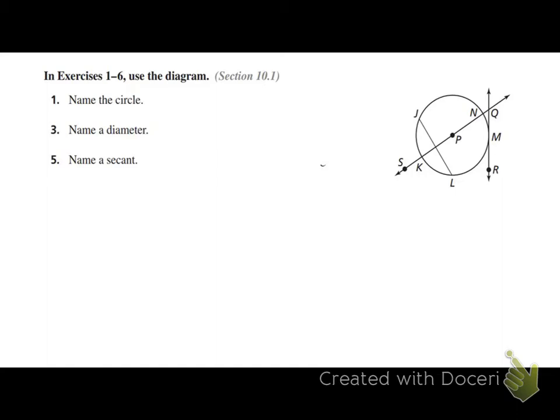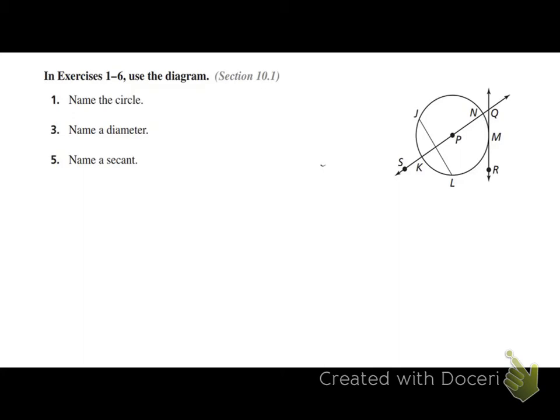Gotta name lines like lines and segments like segments. Close. One of them's right, one is wrong. No, I was looking at his, Connor. I was just reading yours. Yep, you're first. The first way wasn't wrong, that part. Your third one's wrong.